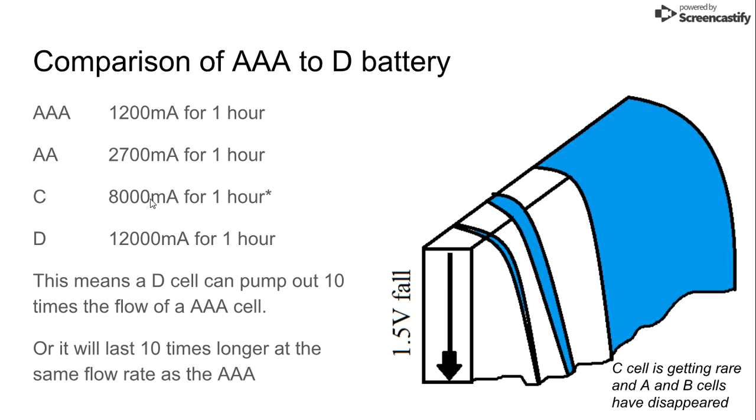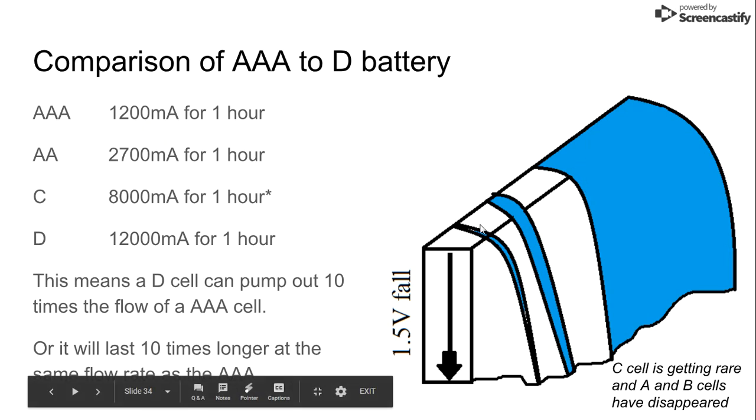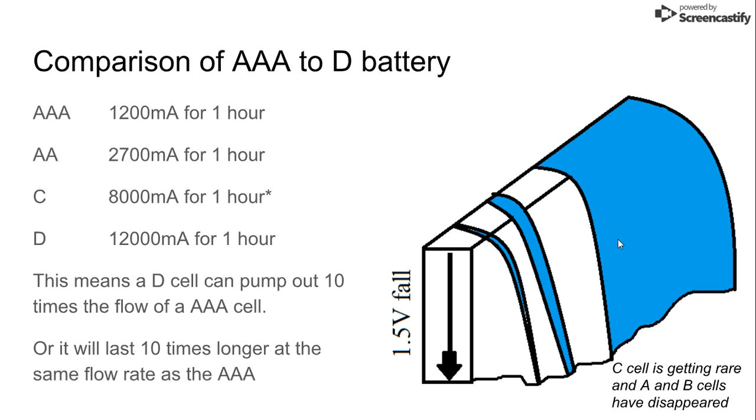This one, that's 8 amps. It can produce 8 amps for an hour. This one, milli, is only 2.7. Okay? And this guy can only do 1.2 for 1 hour. So if you look at this number compared to this number, the flow rate is 10 times bigger. So I've made an attempt to make this line a tenth the size of this one.